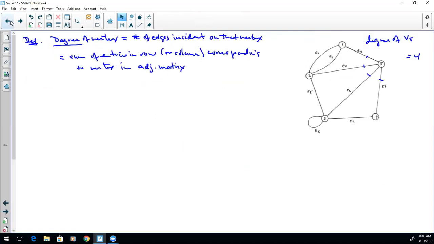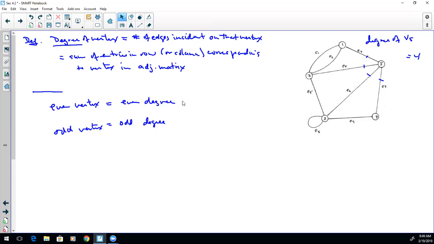We're counting up the degree of a vertex. Lots of times we're only interested in whether the degree is even or not. So an even vertex is what I mean by even degree, and an odd vertex is a vertex of odd degree.